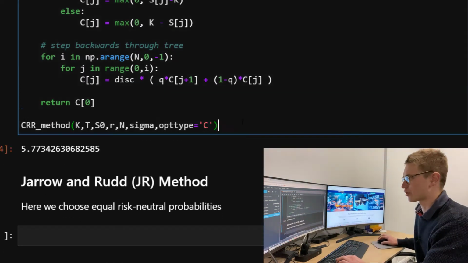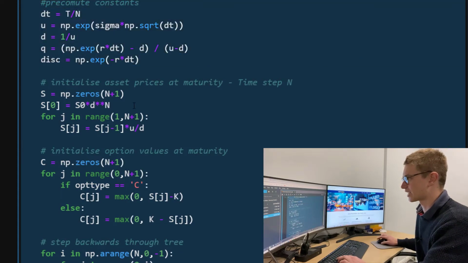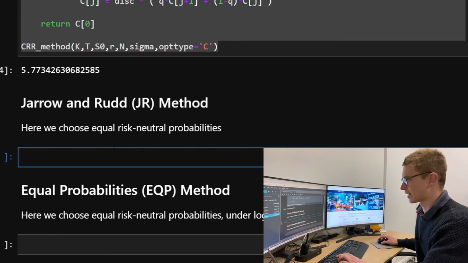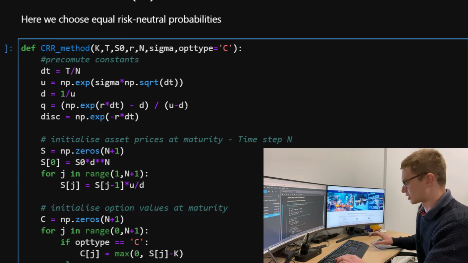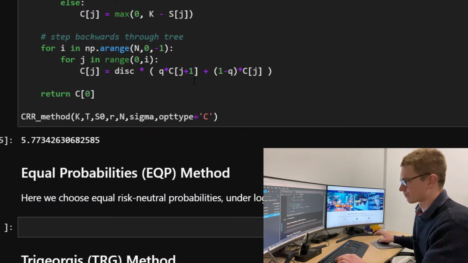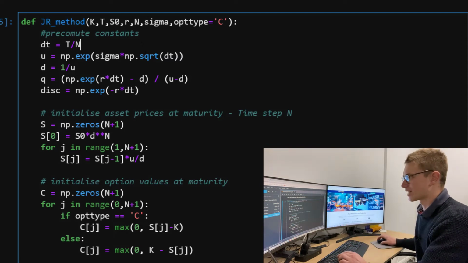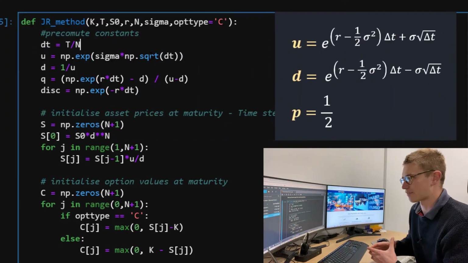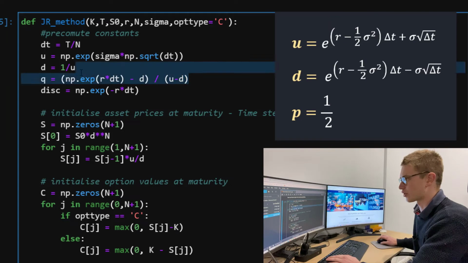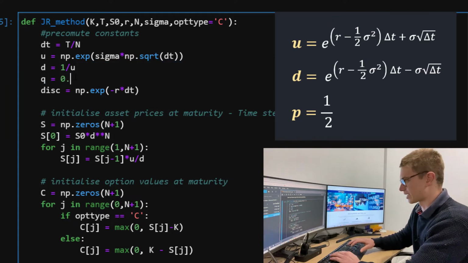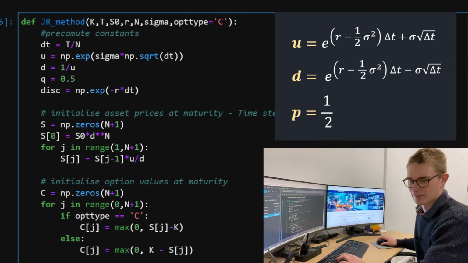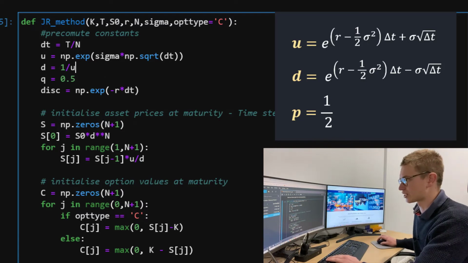5.77. Great, so now let's copy and paste this and change it for the JR method, the Jarrow Rudd method. We're doing a similar thing here, except we're going to have equal risk-neutral probabilities. So this Q is going to be 0.5. Once you've established that, we just need to change the up factor and down factor. Let's start with the up factor.